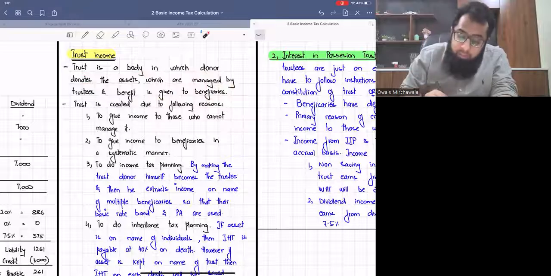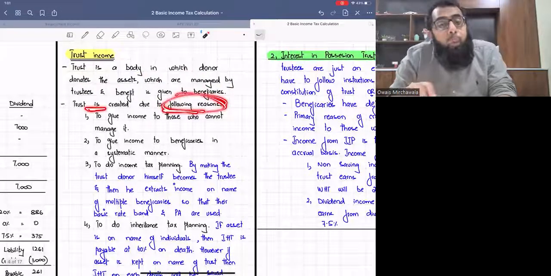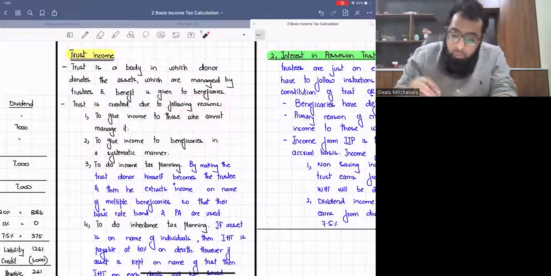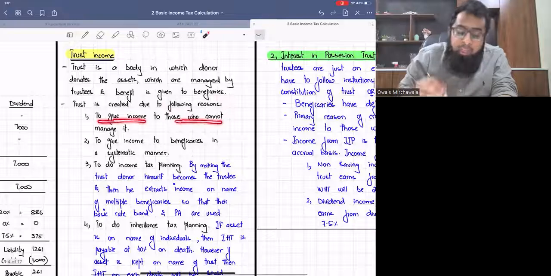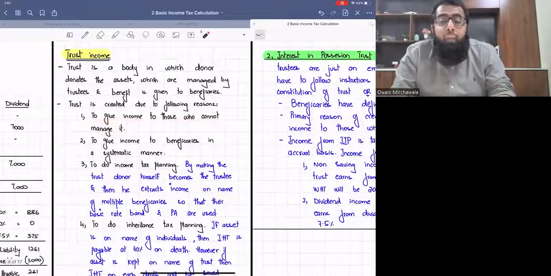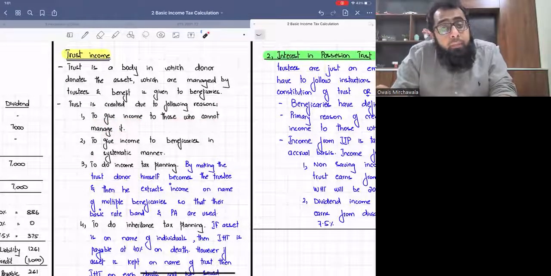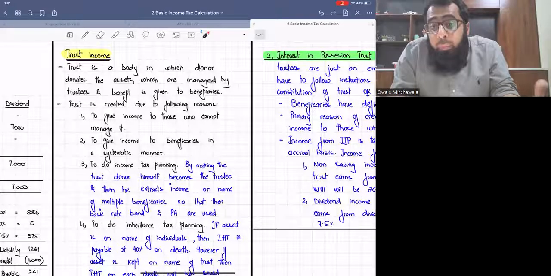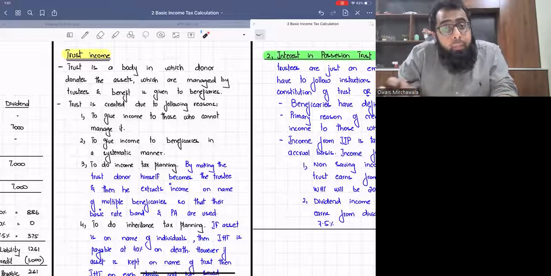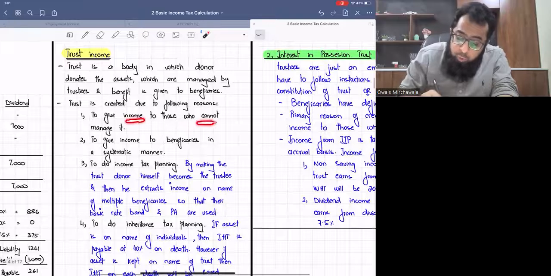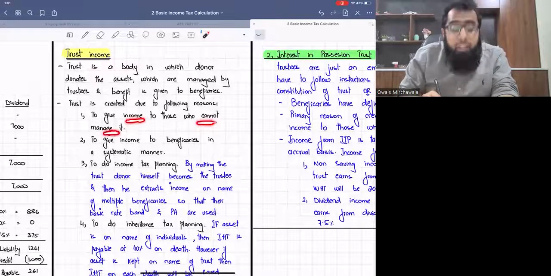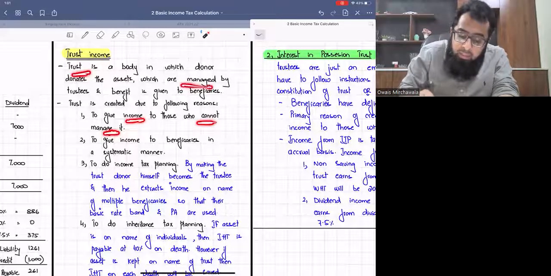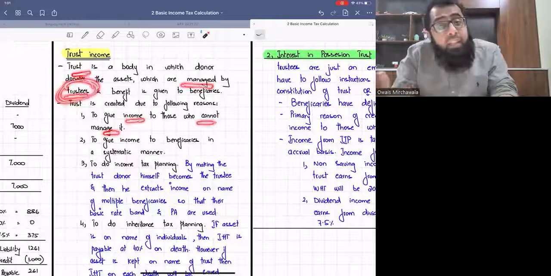Now, why is the trust created? There are the following reasons. To give income to those who cannot manage it, for example small children, some NGO, anybody who cannot manage it. So you want to give income to those who cannot manage it, and by creating a trust, we ask the trustees to manage that income.